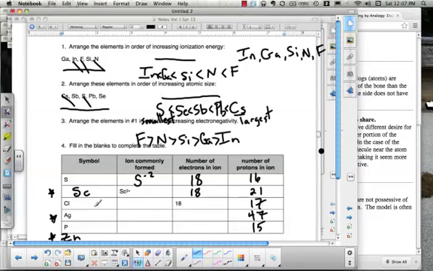Chlorine, nonmetal, has 7 valence electrons. If this thinking of calling out the element, whether it's a metal or nonmetal, and how many valence electrons, you haven't conquered that yet, you need to go back to lecture 6. All right. Chlorine, nonmetal, 7 valence electrons, so therefore it gains 1 to make 8. And we don't usually put the 1 here. And it has 18 electrons instead of the 17 that it started off with.